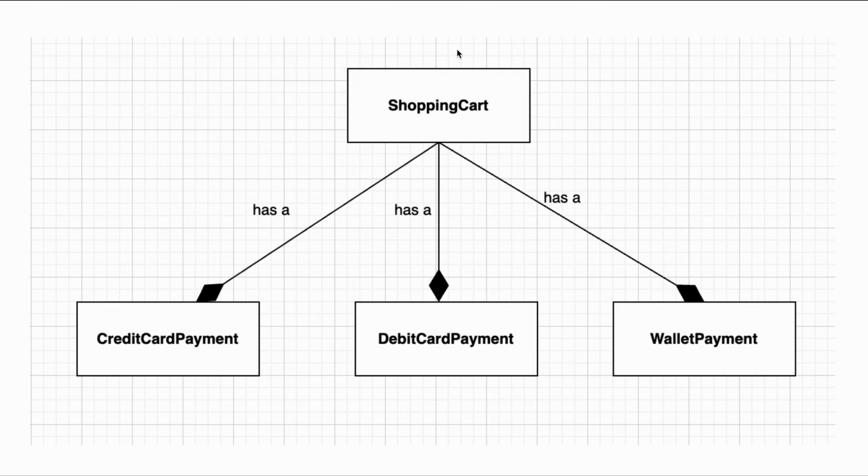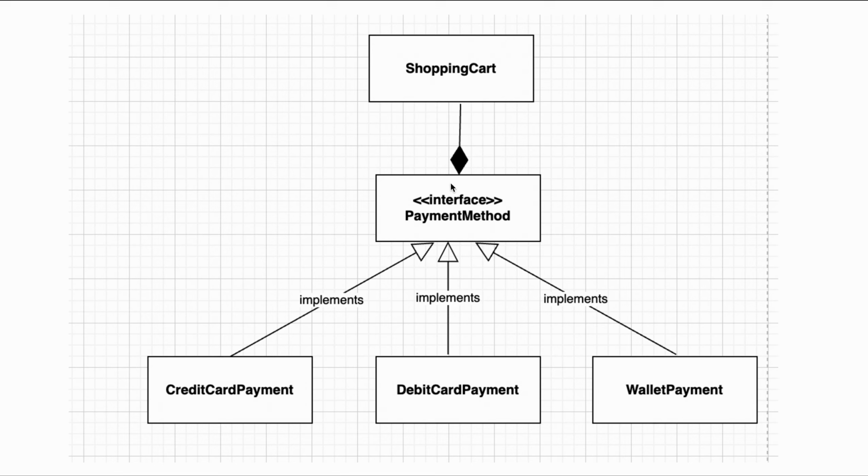So shopping cart is a high level module, and it depends on the implementation of low level module, right? So we already discussed how we can decouple this behavior. We can decouple this behavior by introducing an abstraction layer on which both high level and low level module should depend, right? Shopping cart should depend on this interface instead of the concrete implementation.